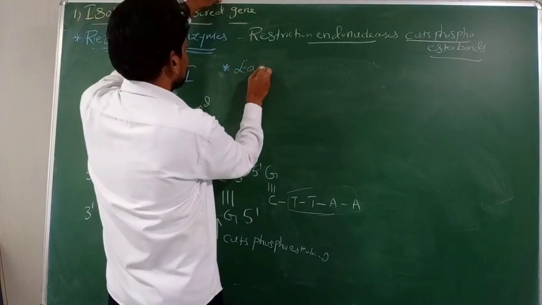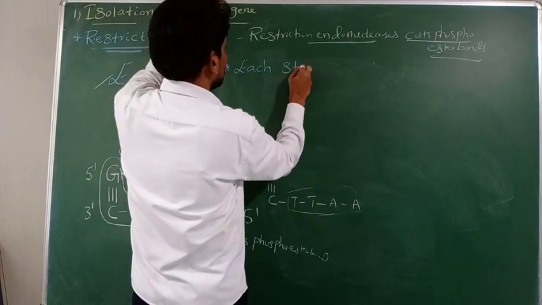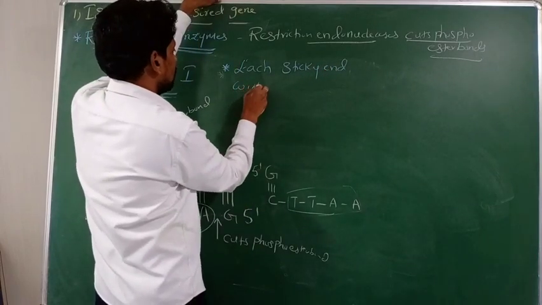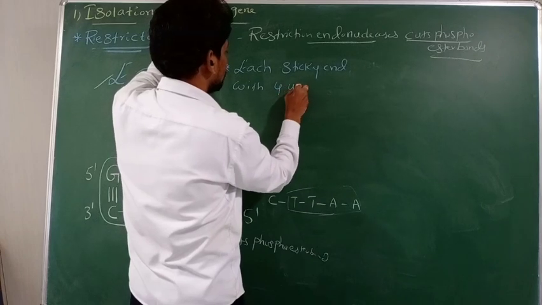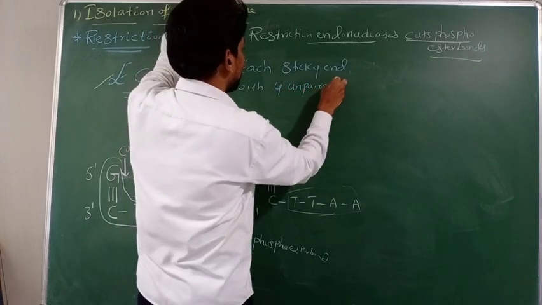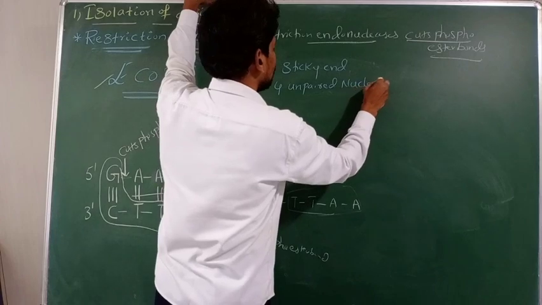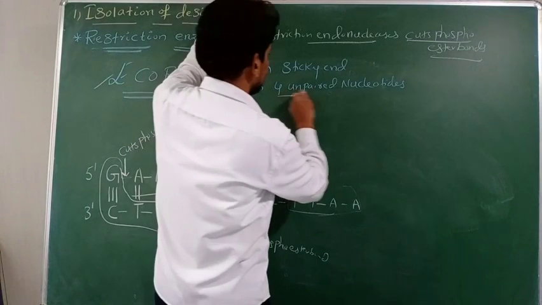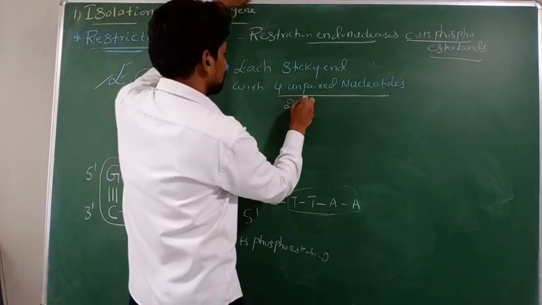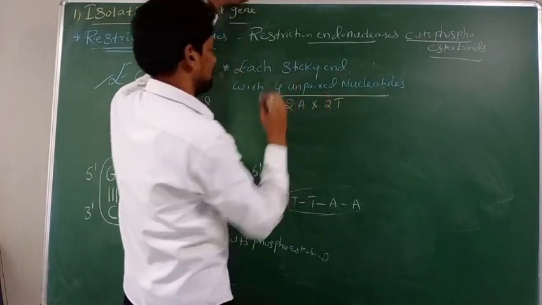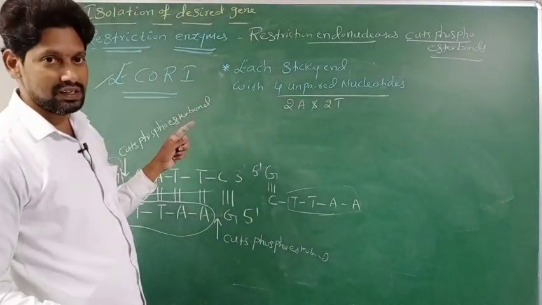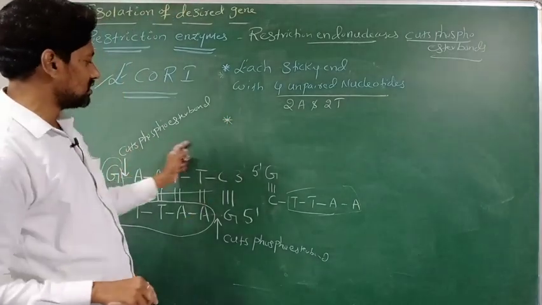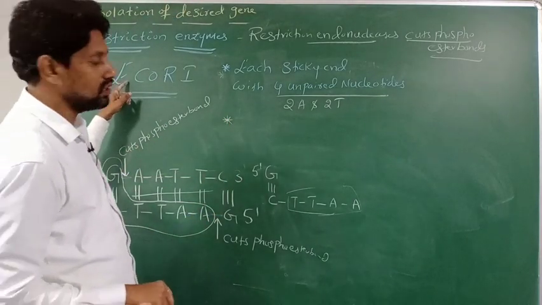Each sticky end has 4 unpaired nucleotides. Out of 4 unpaired nucleotides, 2 are A's and 2 are T's. Is it okay? Now I am speaking about the recognition site or restriction site of EcoRI.